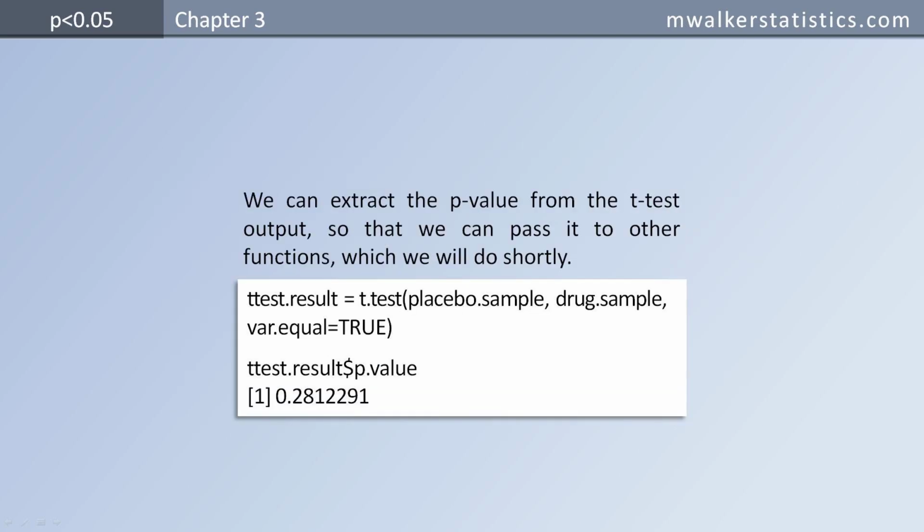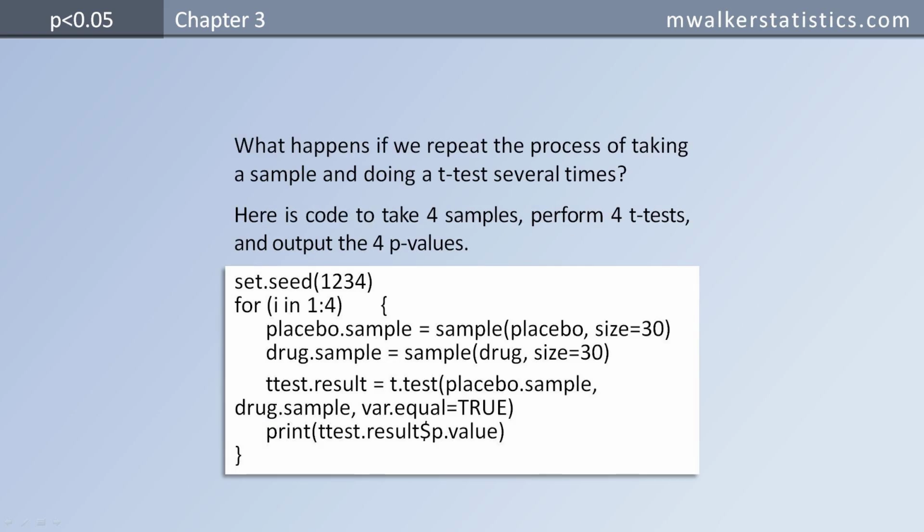We can extract the p-value from the t-test output so that we can pass it to other functions, which we will do shortly. What happens if we repeat the process of taking a sample and doing a t-test several times? Here is code to take 4 samples, perform 4 t-tests, and output the 4 p-values.